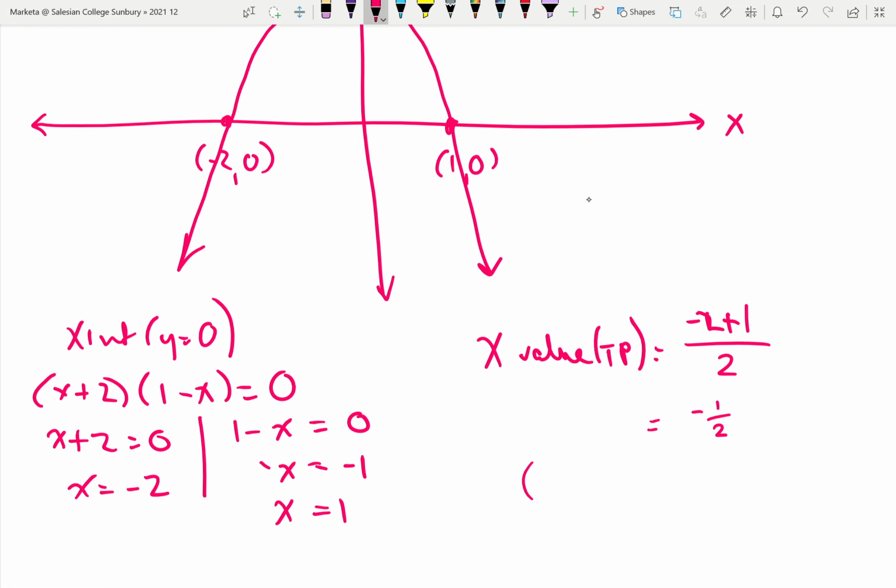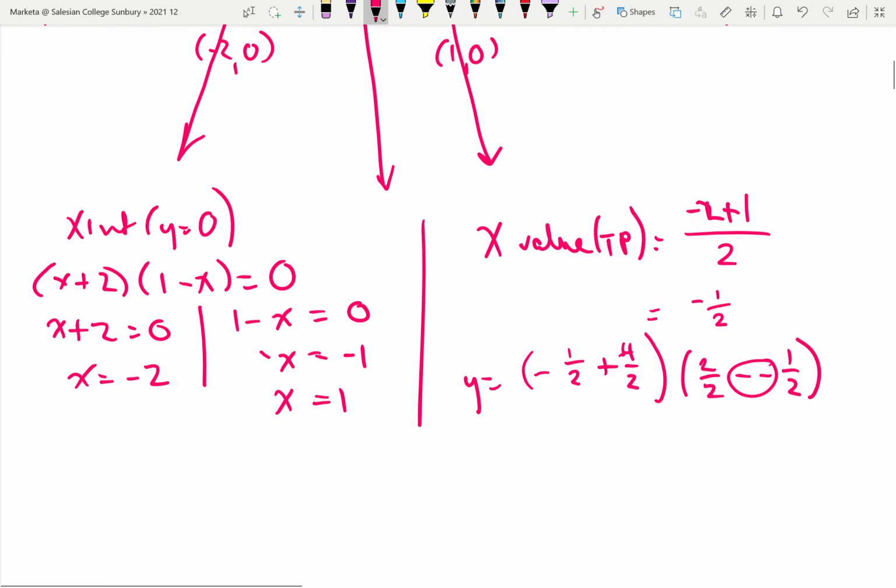So -1/2 plus 2, which is 4 on 2, times 1, which is 2 on 2, minus -1/2. And again, be careful, there's a double negative, so people could stuff that up. -1/2 plus 4 on 2 is 3 on 2, so 3 on 2 times 2 plus 1 is 3 on 2. So that's going to give us 9 on 4.